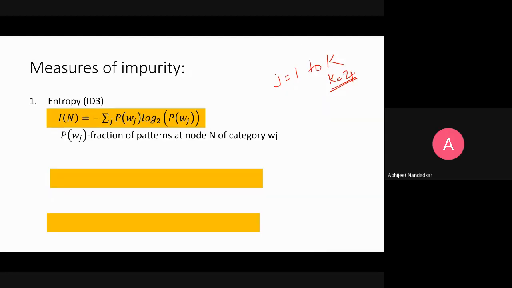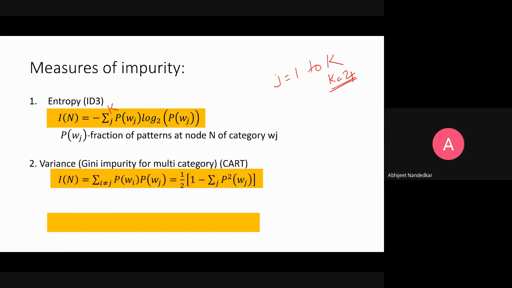So this entropy runs from j equal to 1 to K, of probability omega j into log to the base 2 probability omega j. So that will give you the entropy. Now, we will see this in detail again.